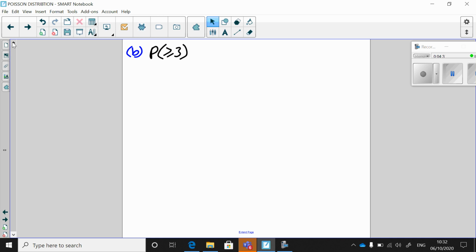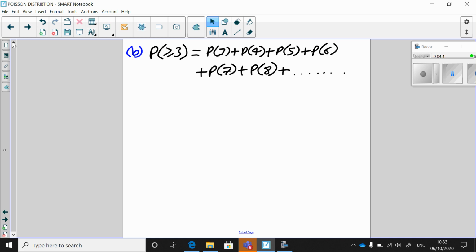We must include 3 here. So how many would that be? Well, 3 itself, and 4, and 5, and 6, and 7, and 8, and dot, dot, dot, whatever that means.